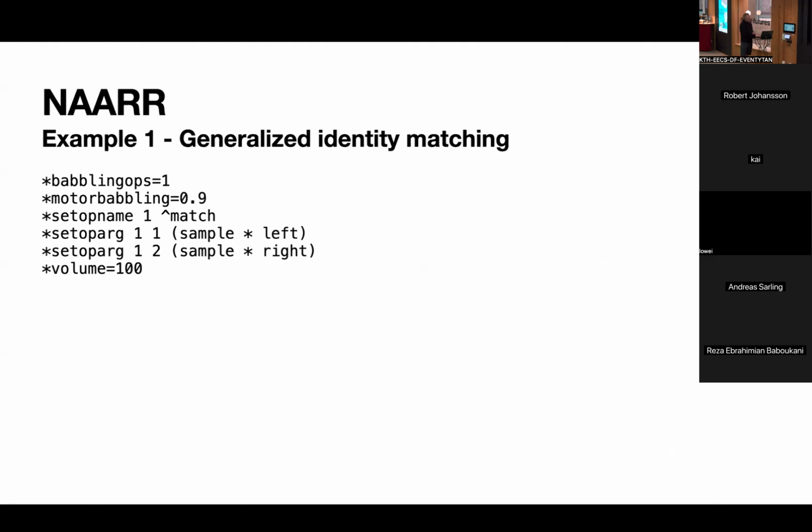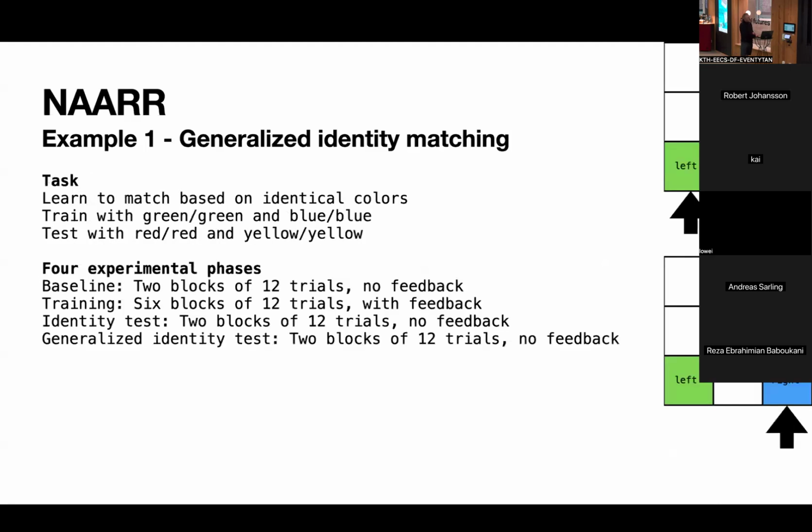Once again, the system is set up in a similar way and is trained to, in the context of green, always pick green. In the context of blue, always pick blue. But can it then generalize to new colors without having been explicitly trained for that?